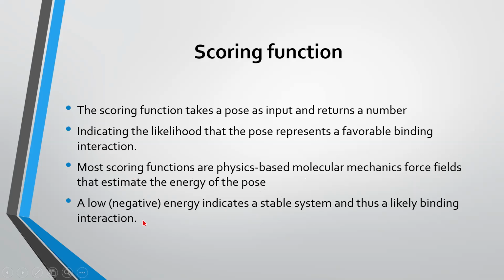So among all the different conformations of the interaction, the conformation showing the lowest free energy would be the most stable conformation. That particular conformation can be identified as the best pose for that particular interaction of protein and ligand.